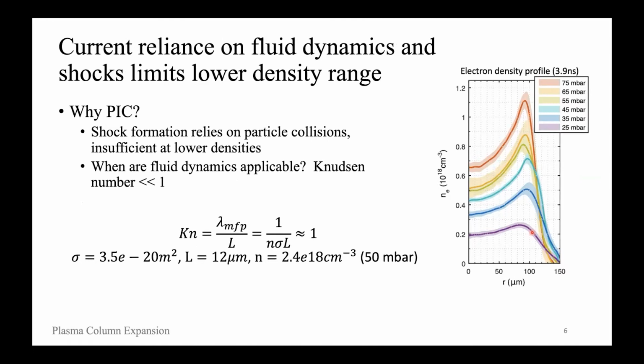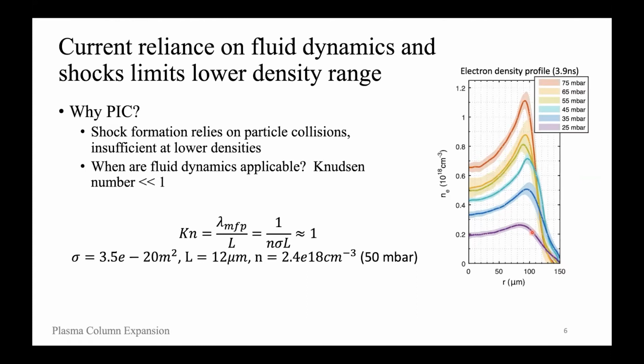And you start to ask, well, where is that? When are fluid dynamics applicable? And when can we no longer use that to model this expansion? And one way you can look at that is the Knudsen number, which is supposed to be much less than 1. And that's a ratio of the mean free path to a significant length scale within your simulation.